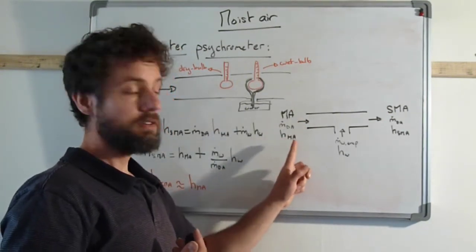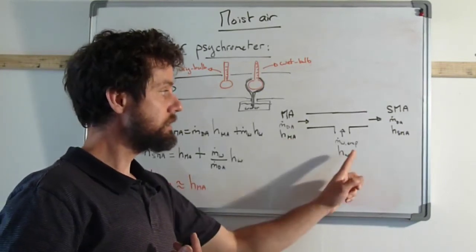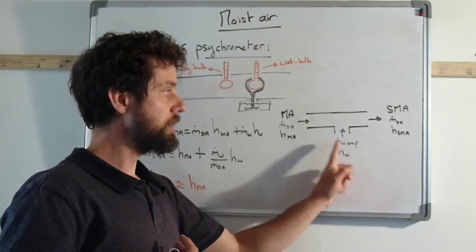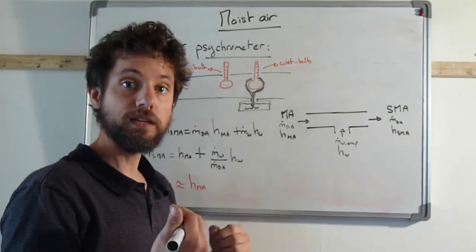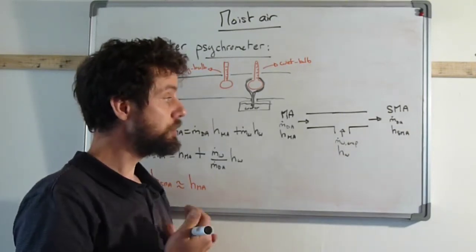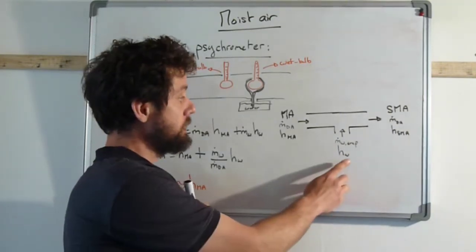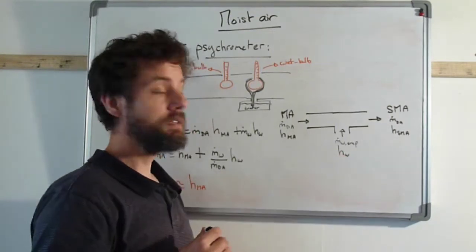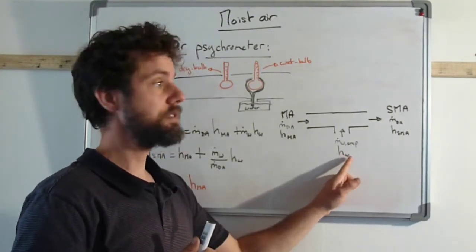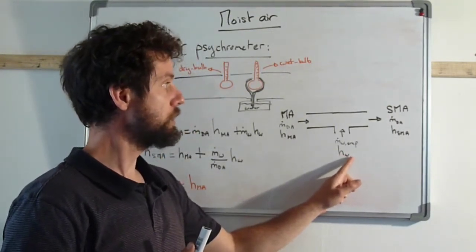This flow rate of moist air is mixed with a given mass flow rate of evaporation of liquid water at a given specific enthalpy, H indexed W for water.